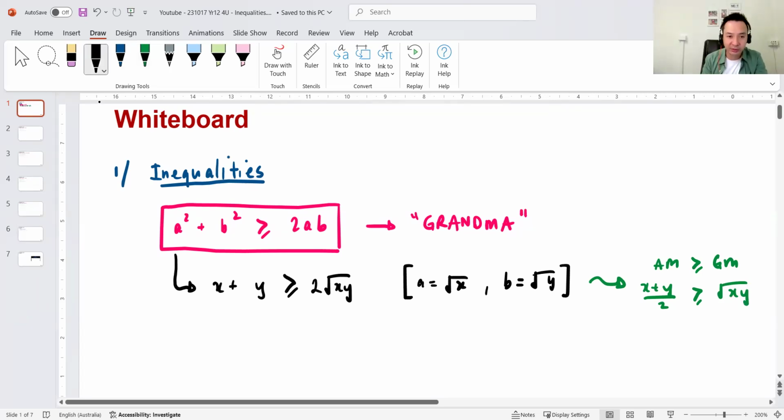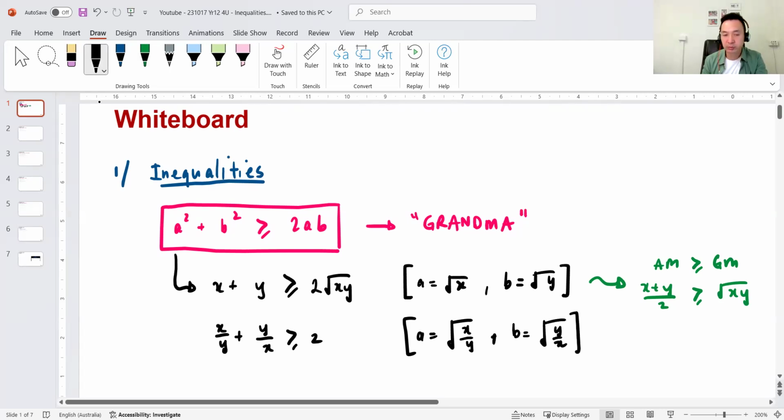Another common disguise of grandma is when something looks like this, greater than or equal to 2. And in this case, a is equal to root x on y, and b equals root y on x.